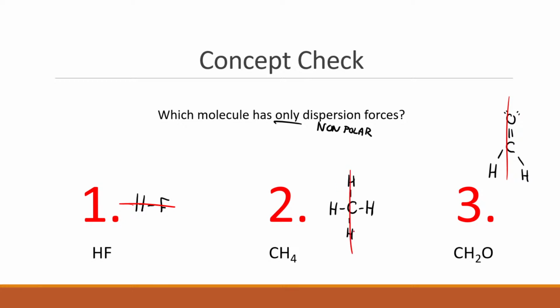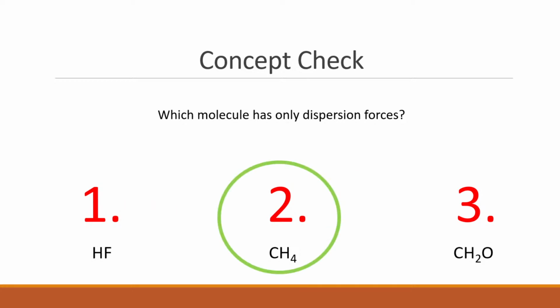But choice 4, we can draw multiple lines of symmetry. We could draw up to 4 lines of symmetry, making it nonpolar, meaning it is the only one of these three that has only dispersion forces. All three of them have dispersion forces, but the only one that has only dispersion forces is choice 2.